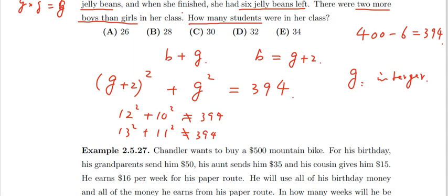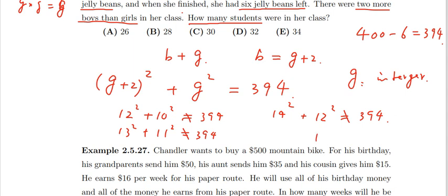How about g equals 12? 14 squared plus 12 squared. Let's check the last digit: 4 squared ends in 6 and 2 squared is 4, so the last digit is 0, so this is not equal.